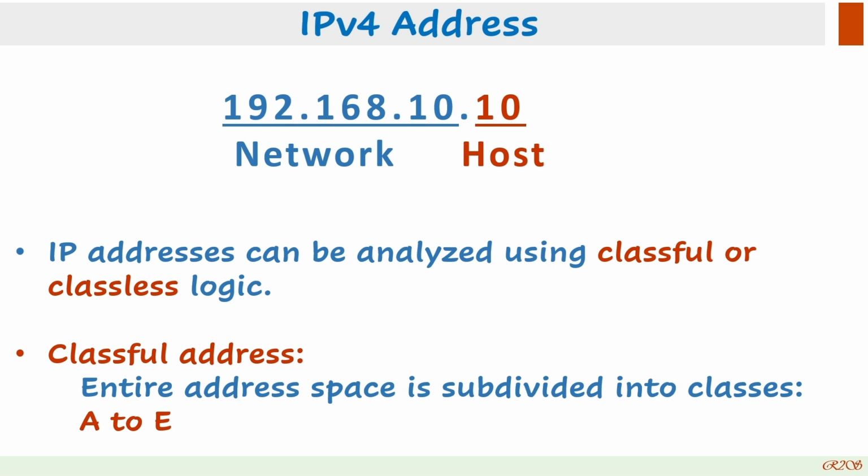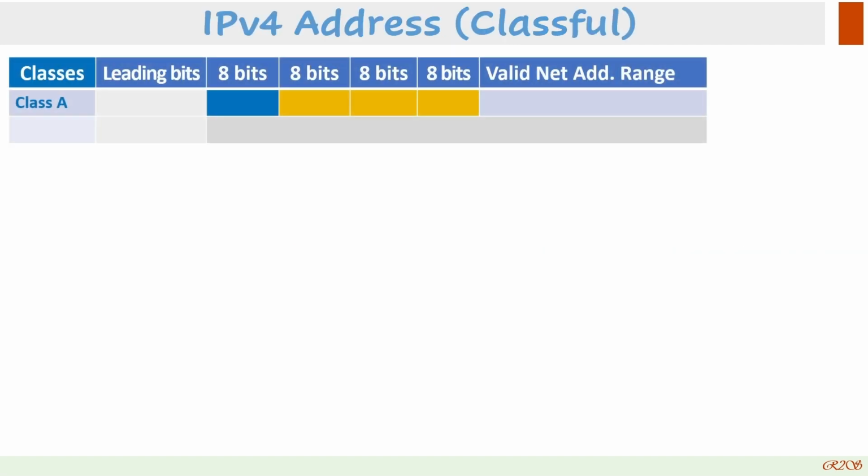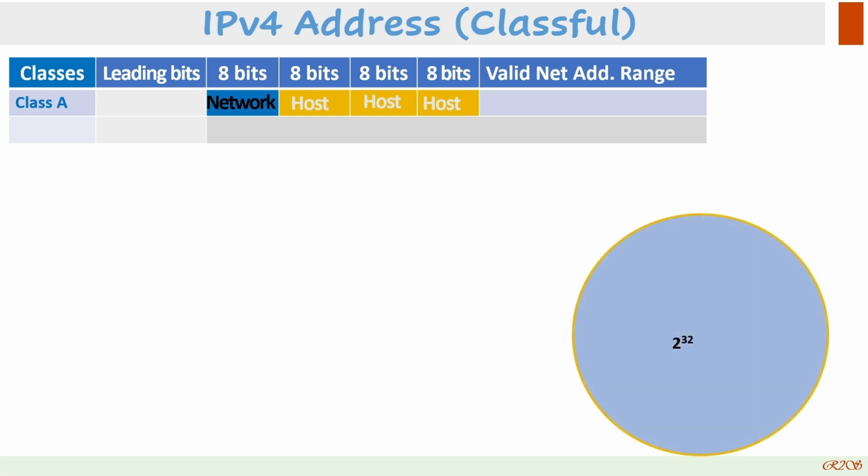Okay, so in classful IP addressing, the IP addresses we have are divided into different classes, called Class A, Class B, Class C, Class D, and Class E. Now, we have all the IPv4 addresses, which is 2 to the power 32, right?